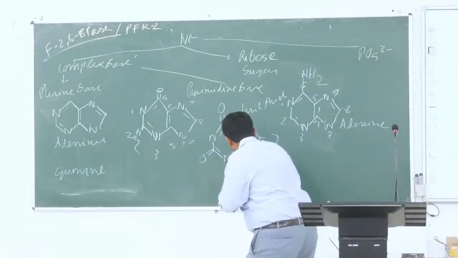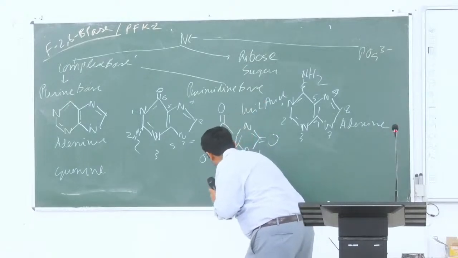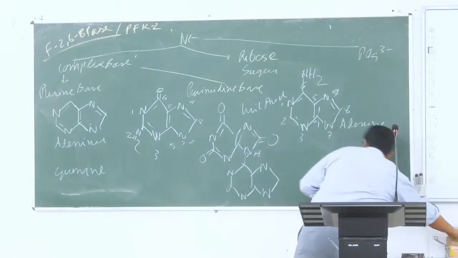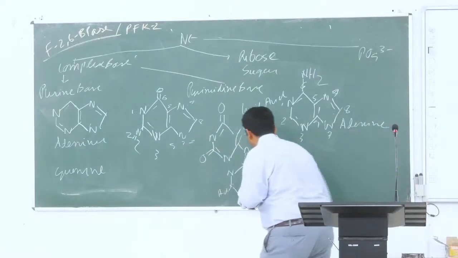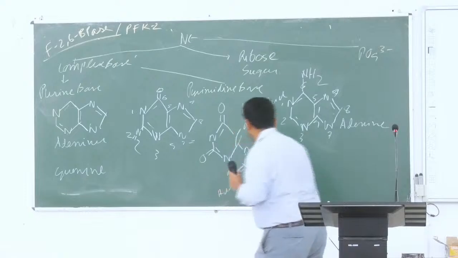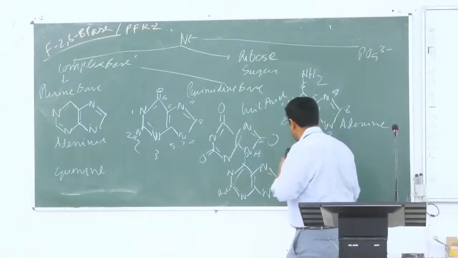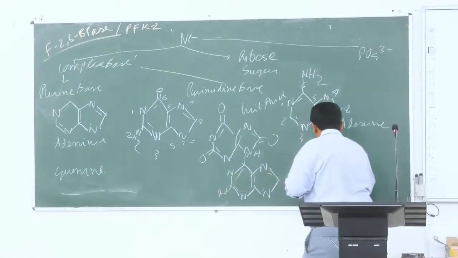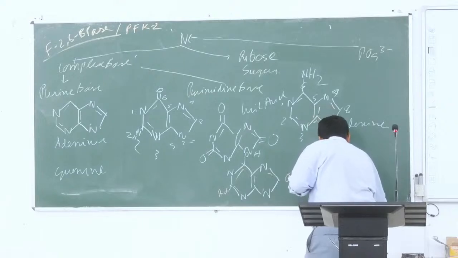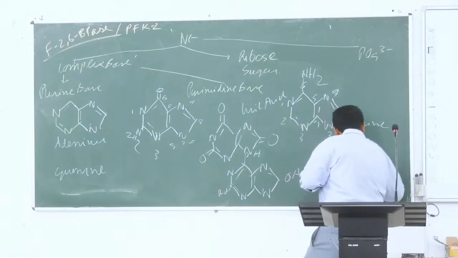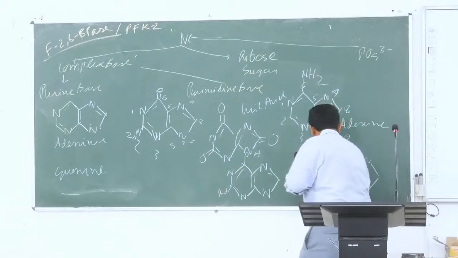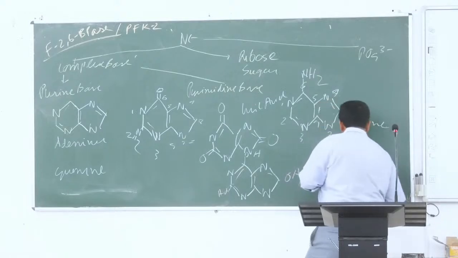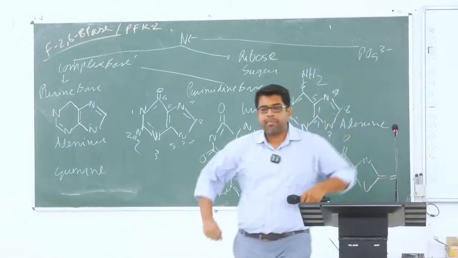Now resonate it. OH, OH, OH, OH. When you remove this OH, this structure should become like this. N, N, N, N, O, O, O with only one double bond in between.